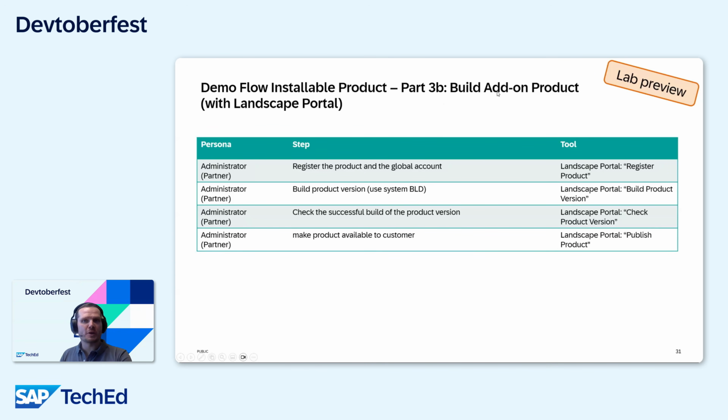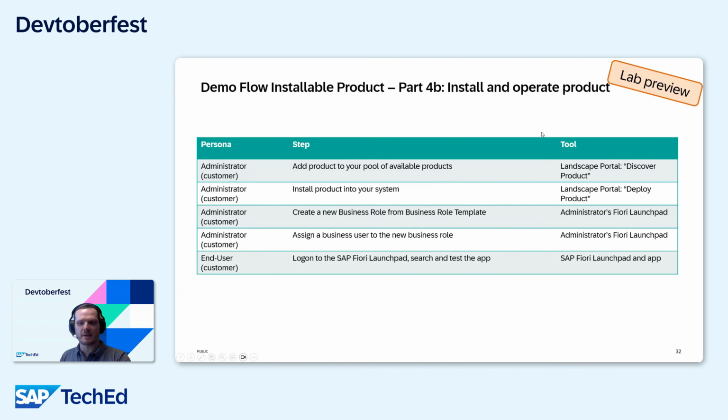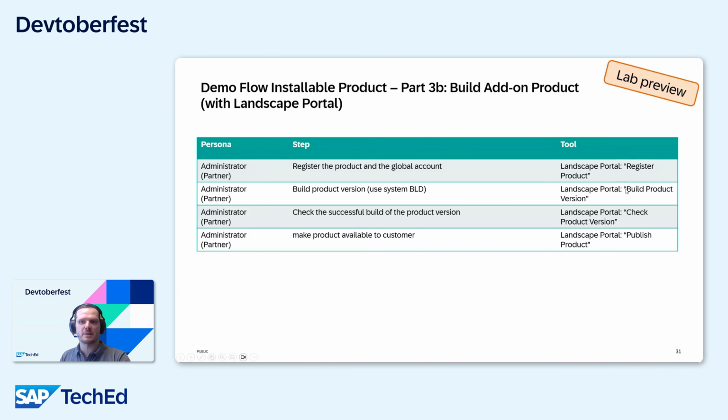From the product build perspective, you see it's again register product, build product, check product version, and now the last line, make product available to the customer. It's now not a SaaS deployment, but you publish the product as an installable product.